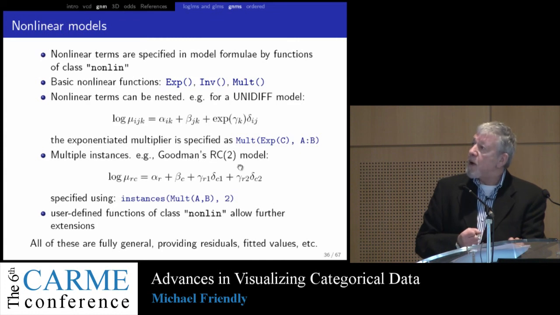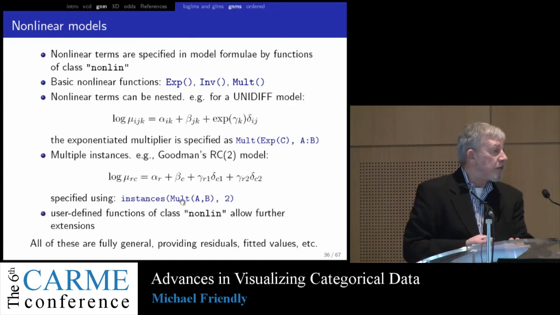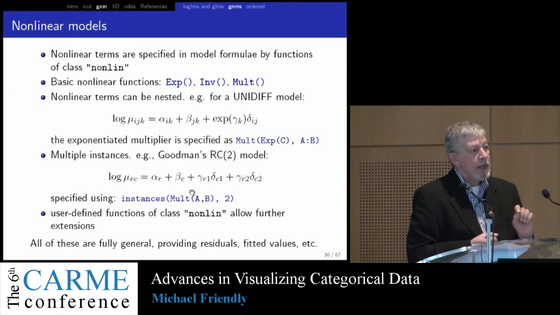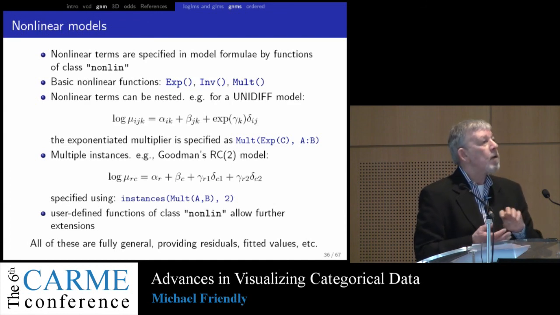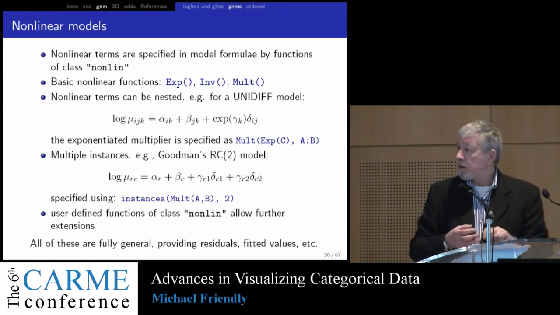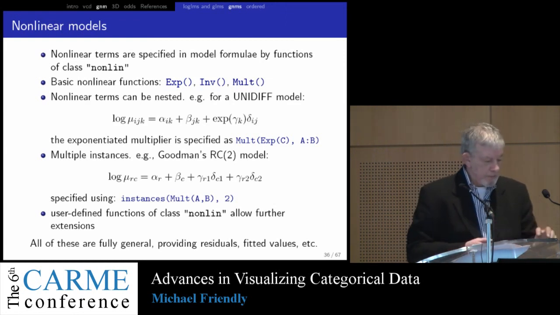Goodman's RC2 model with two multiplicative terms is specified as simply two instances of these multiplicative terms. And the important point is that all of these nonlinear models are fully general. They provide all the things that you might want: residuals, plots, fitted values, etc.